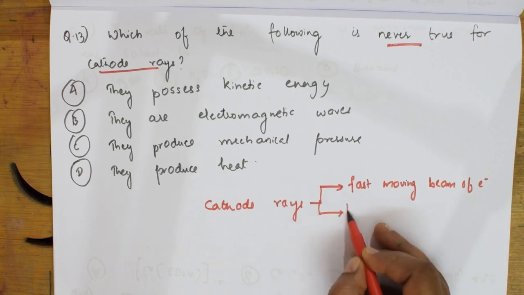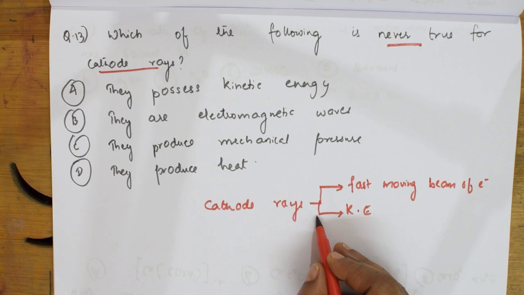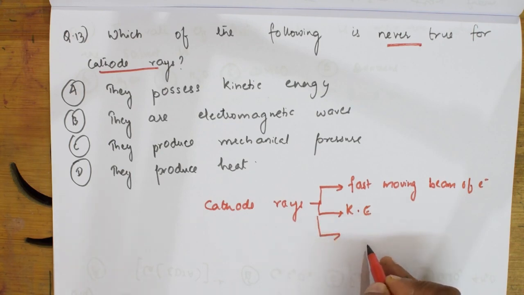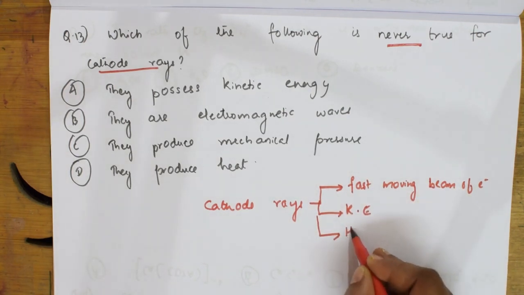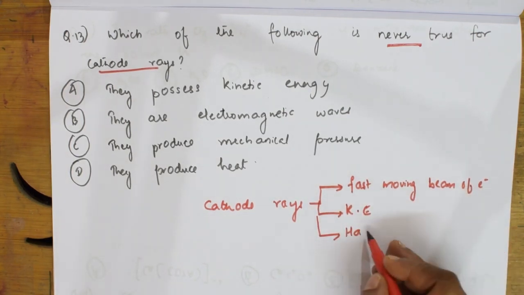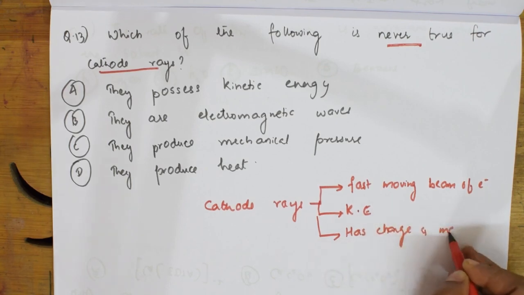Next, they have high kinetic energy, right? And next important thing, charge and mass. Cathode rays are fast moving electrons, so they have charge and they also have mass. Done.